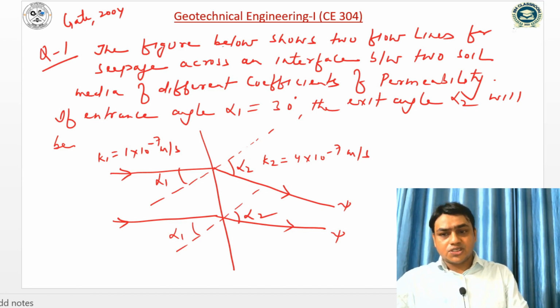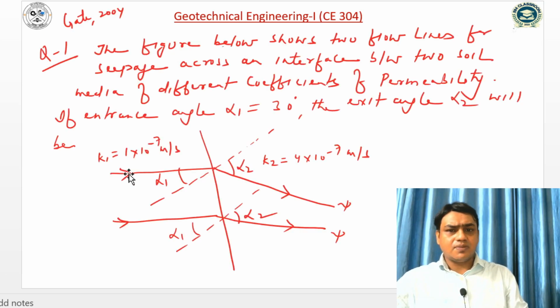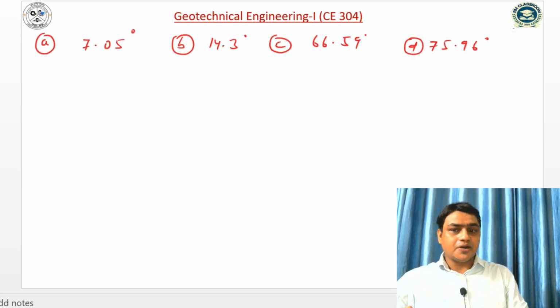So if I check the options, alpha 1 is 30 degrees, so alpha 2 must be greater than 30 degrees. So option A and option B will be wrong. It might be 66.59 or 75.96.